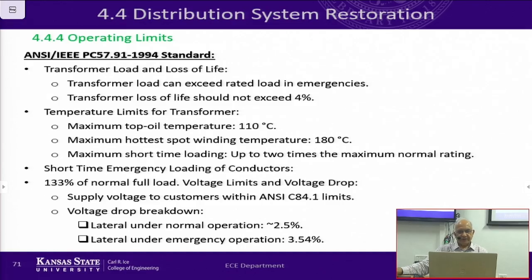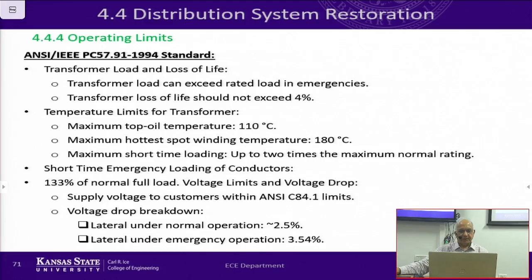And then as far as the feeders themselves are concerned, typically feeders can be loaded up to 133% of the normal load. That's industry standard. And then as far as the supply voltage is concerned, we can exceed the voltage drop.